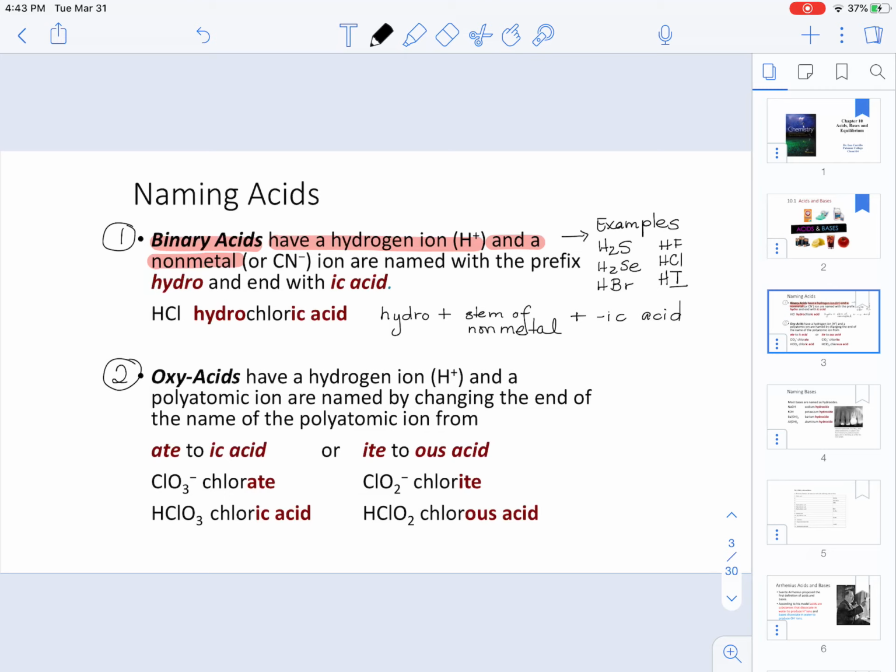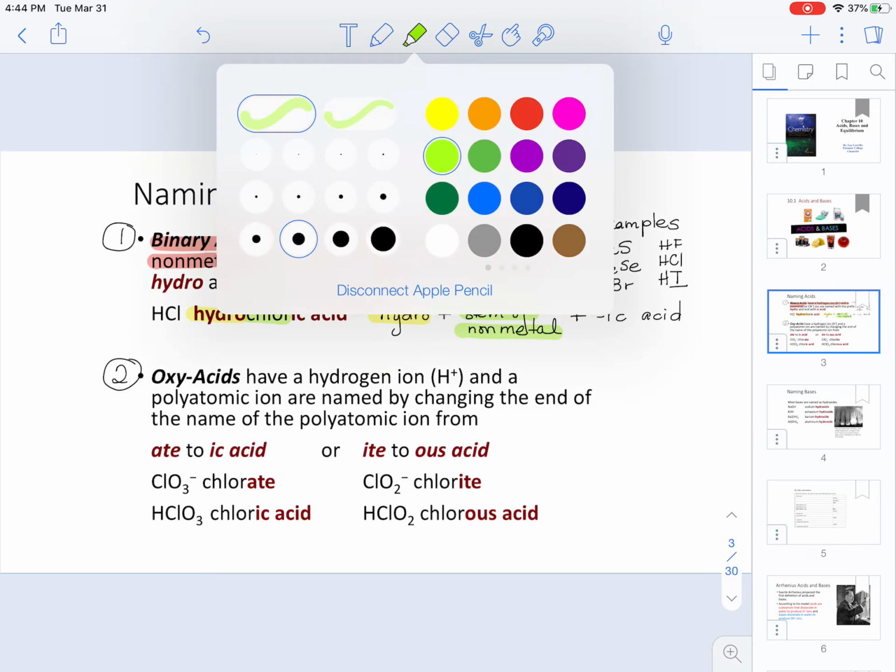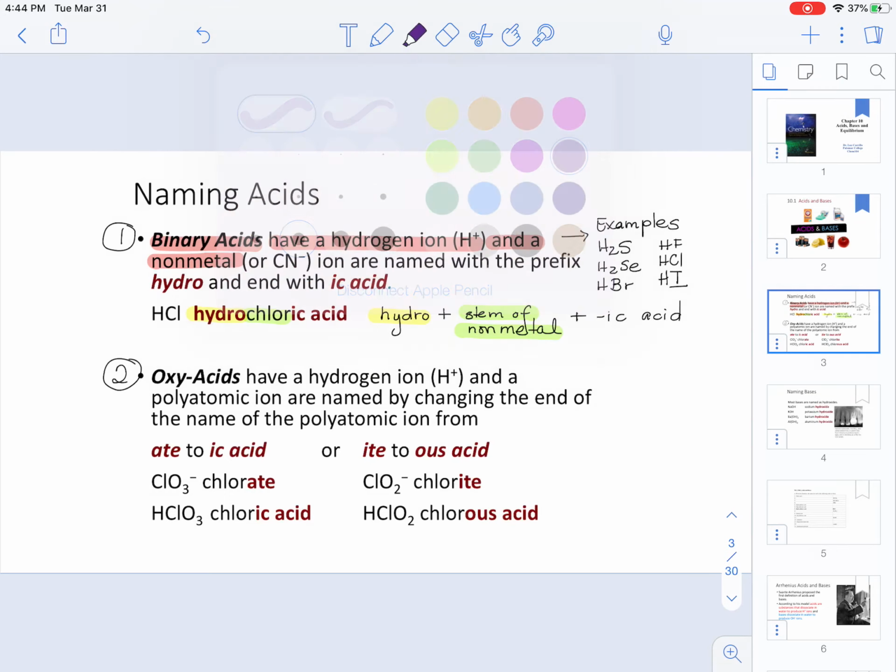So, if we look at the example of HCl, we start with the word hydro. Then we have the stem of the nonmetal present, which is chlor for chlorine. And we end the word with ic acid. So the name for HCl is hydrochloric acid.